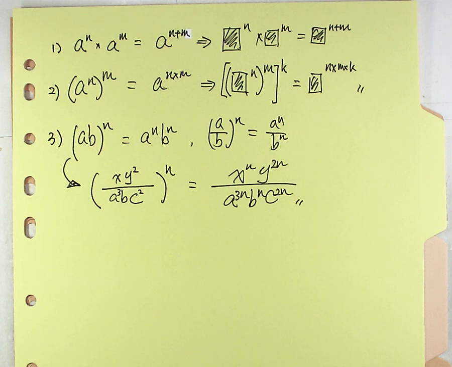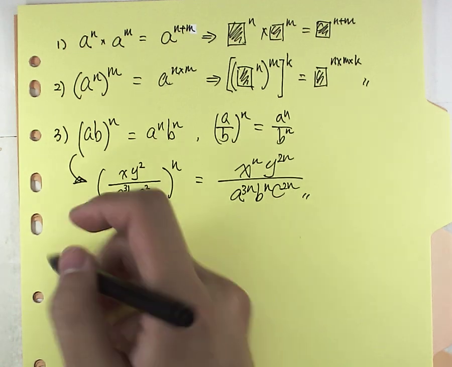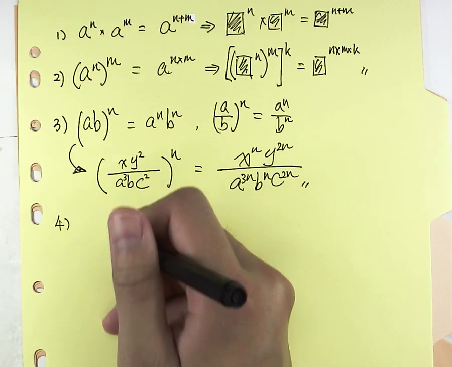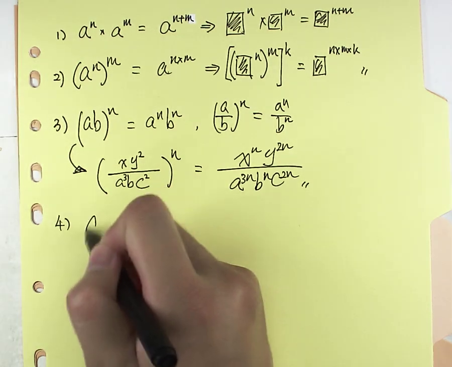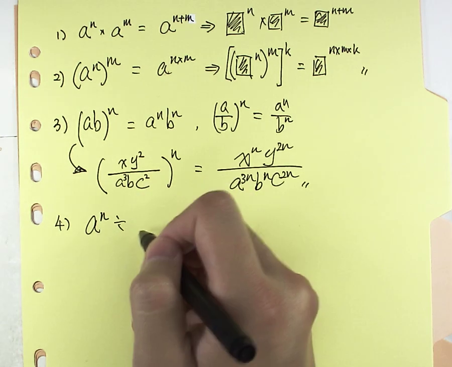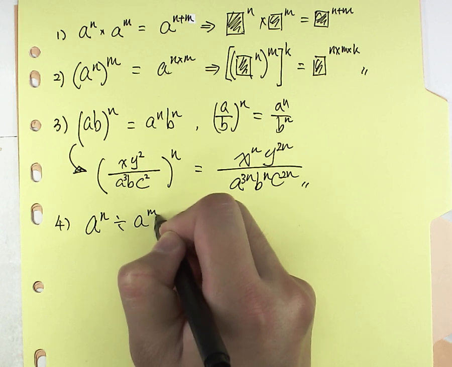So keep going, and then 4. Sometimes you do this: a to the power n divided by a to the power m.